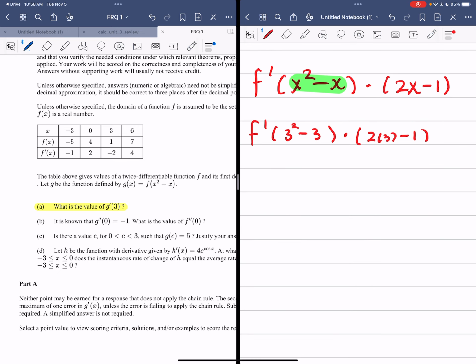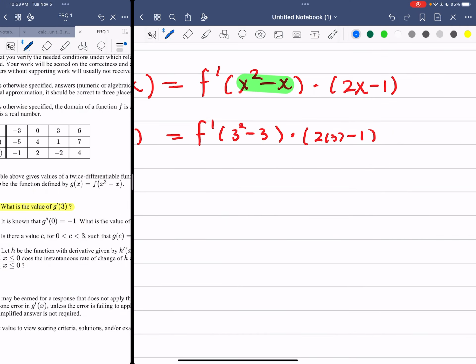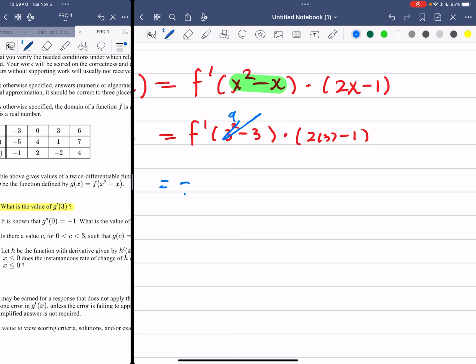3 squared is 9. 9 minus 3 is 6. So this one is f prime of 6 times 2 times 3 is 6, 6 minus 1 is 5.